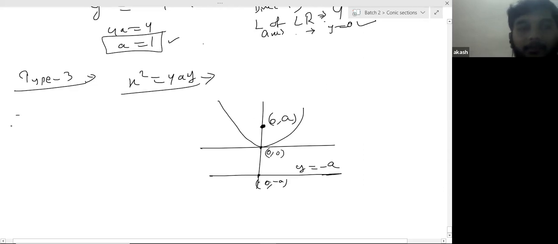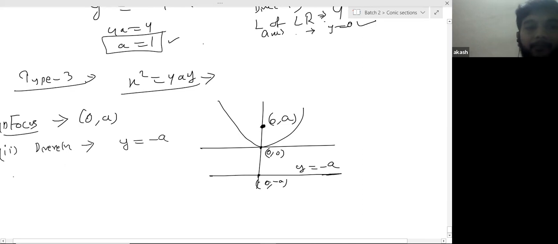So let's write it down. Focus is 0 comma a. The directrix is y equals to minus a. Vertex is 0 comma 0. Axis is x equals to 0.